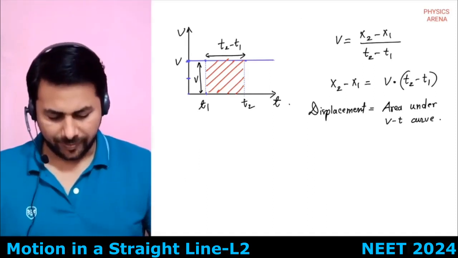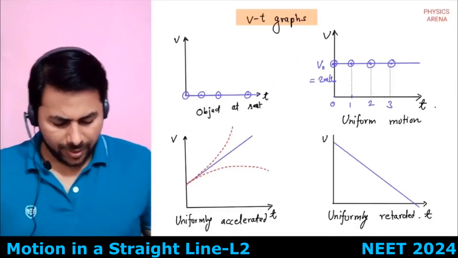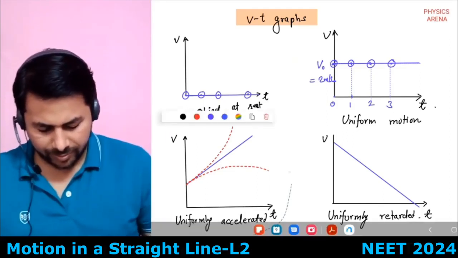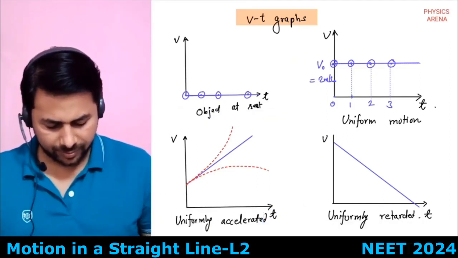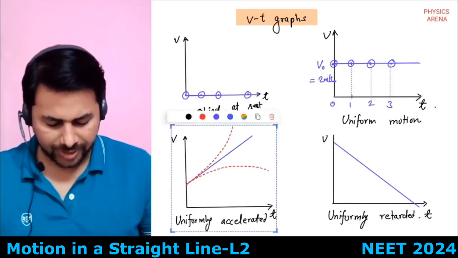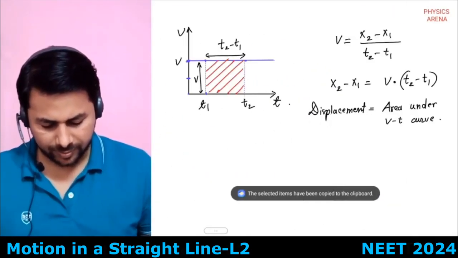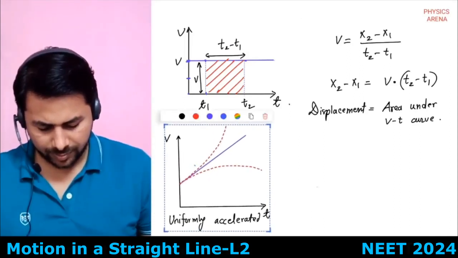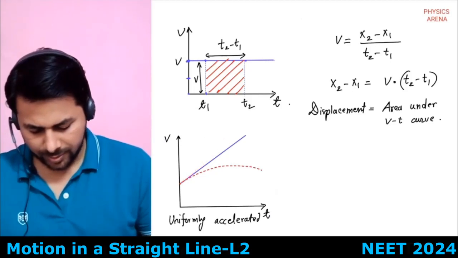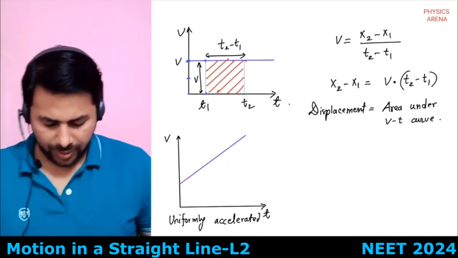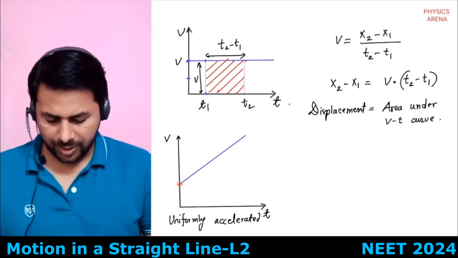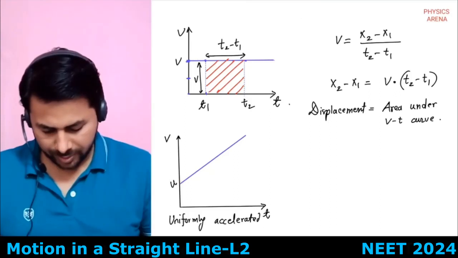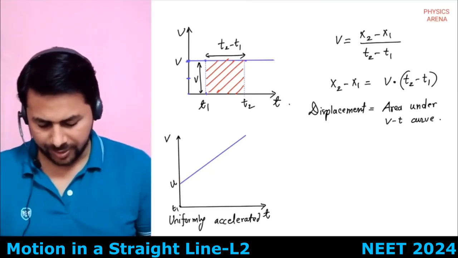Okay, then you take this VT graph for uniform acceleration. This is just for explanation. Now see, you have some initial velocity, so this is u at time t1.